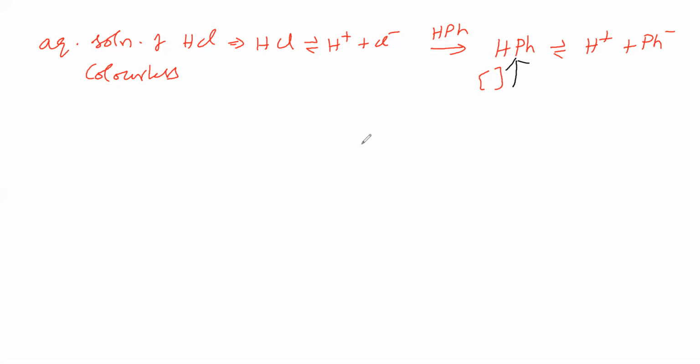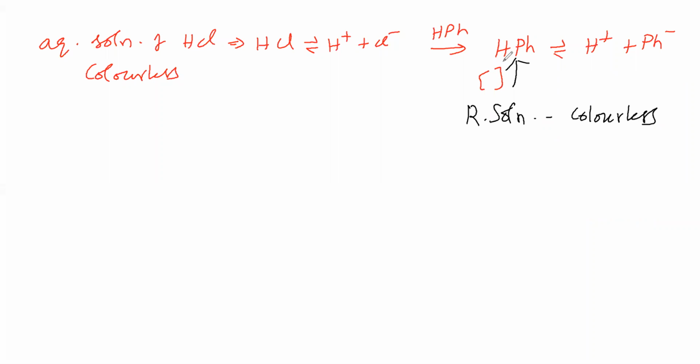So the resultant solution exhibits the color of the unionized form. What color does the unionized form have? Colorless. Therefore the resultant solution is colorless.